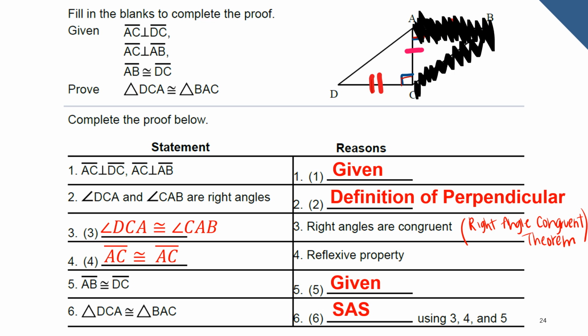So don't look at this part over here. Just look at this little triangle on the left, and let's look at what's labeled. Okay, so let me switch back to my laser. We've got two sides and an angle. Is this angle included between the sides? Yes, it is. So this is two sides and an included angle. So that's side, angle, side.